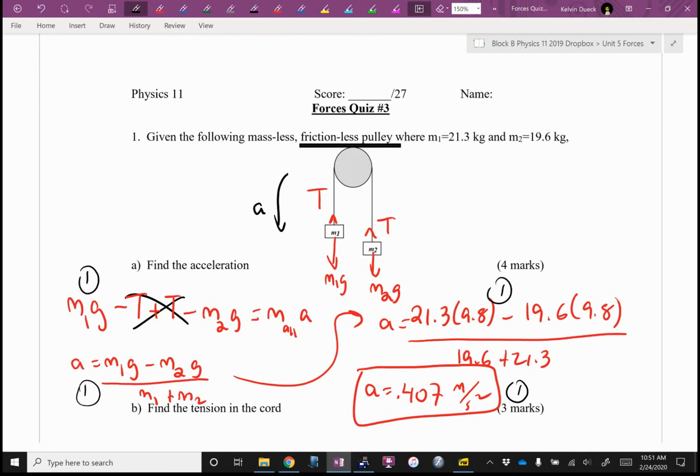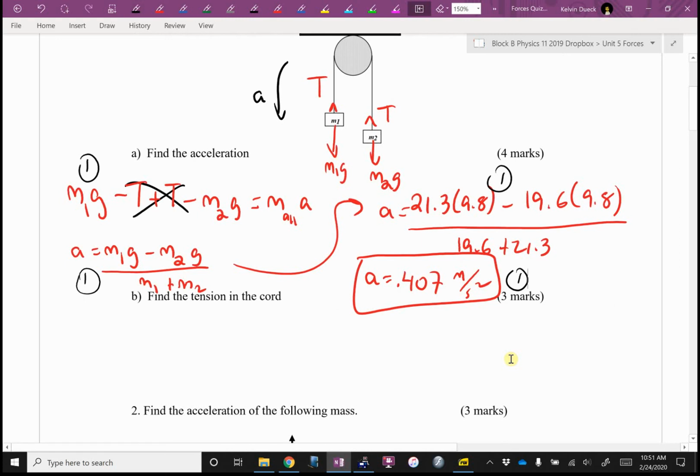Find the tension in the cord. I'm going to use mass 2. If you used mass 1, I'll show you how you would do that. But because tension was winning for mass 2, I chose to go tension minus M2G equals M2A.